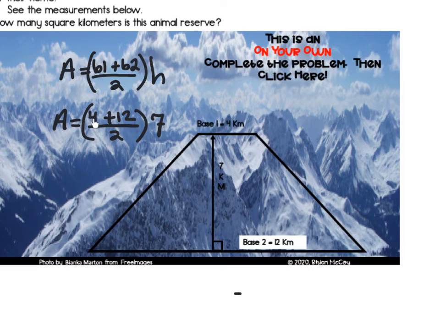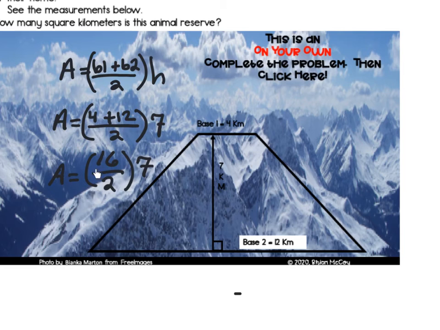So I'm going to take 4 plus 12, and that is going to give me 16. So let's go ahead and write 16 right here. Now that is going to get divided by 2, right? So I drop the 2 there, and I'm actually going to put the A equals. And now I'm going to add the times 7, right? So next, I'm going to come on over here and continue the formula over here.